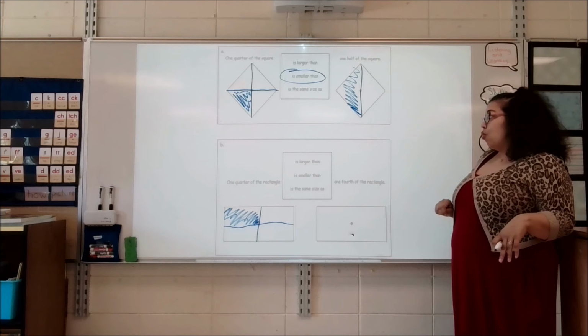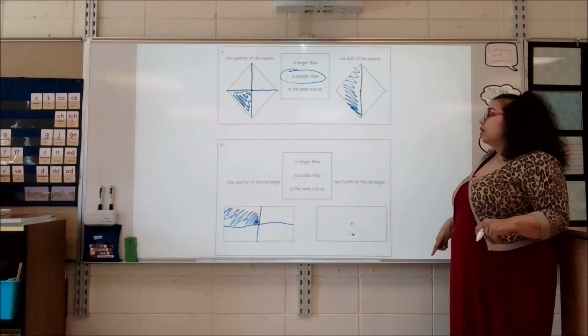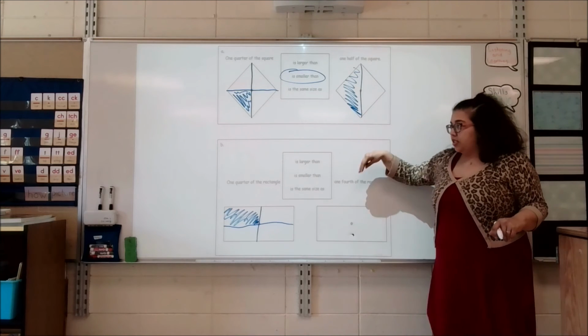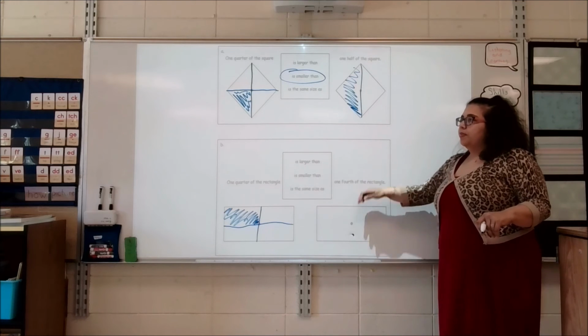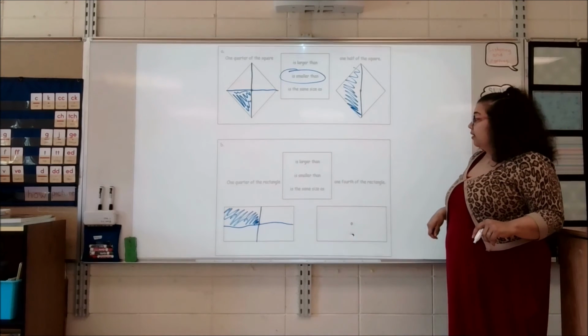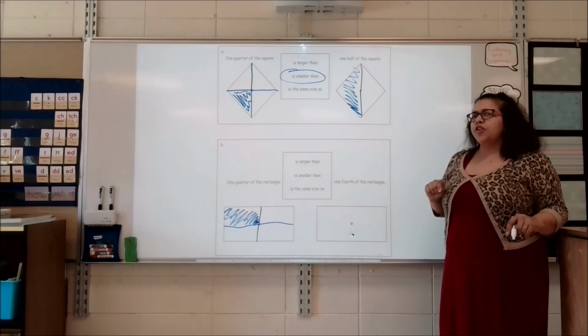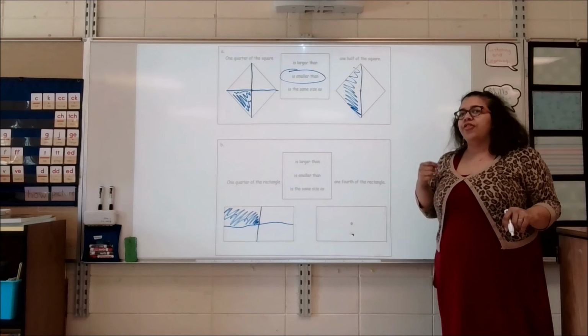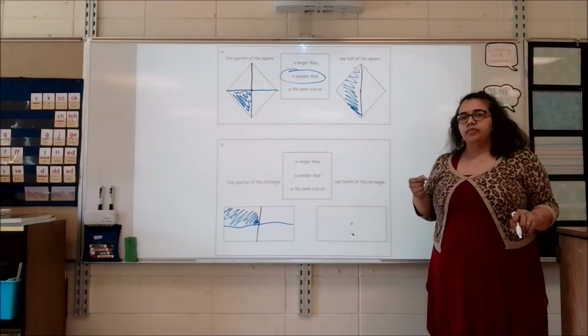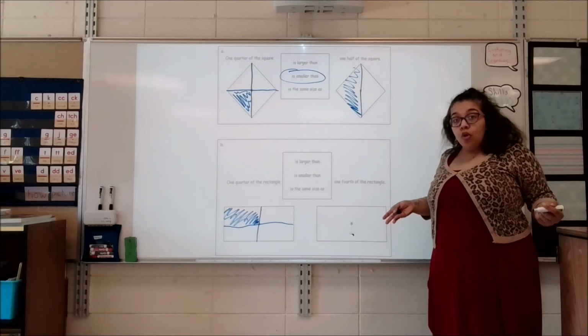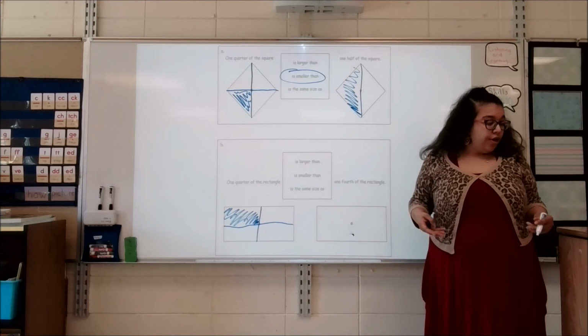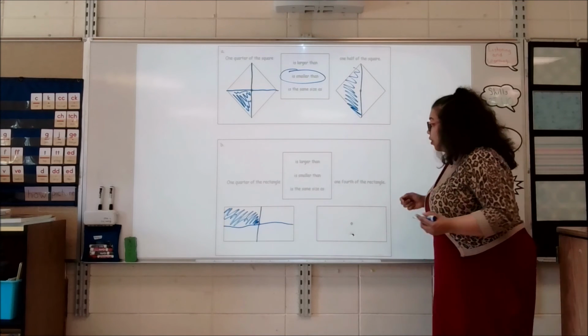Now this says 1/4 of the rectangle, which means again we need to split, cut, partition our rectangle into, what number did we say we hear in the word 4th? 4. Thank you. Good. We hear the word 4 in the word 4th.